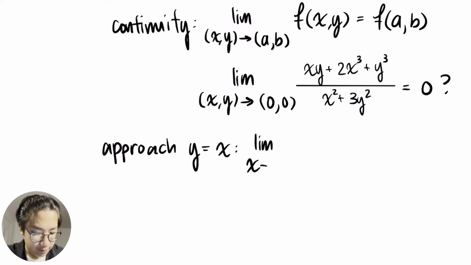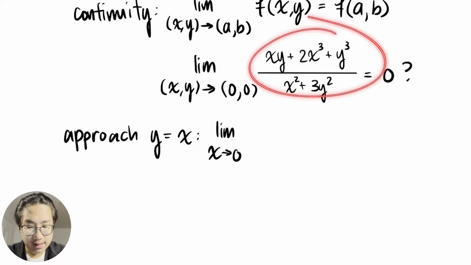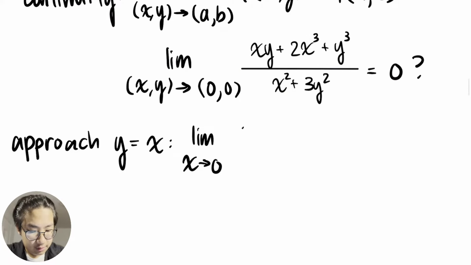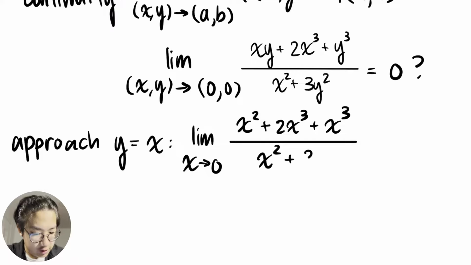Remember, wherever we see a y, we're putting an x instead. So we have x times x, which is x squared, plus 2x cubed, and then plus x cubed. In the denominator, same idea, we have x squared, and 3y squared is just 3x squared.